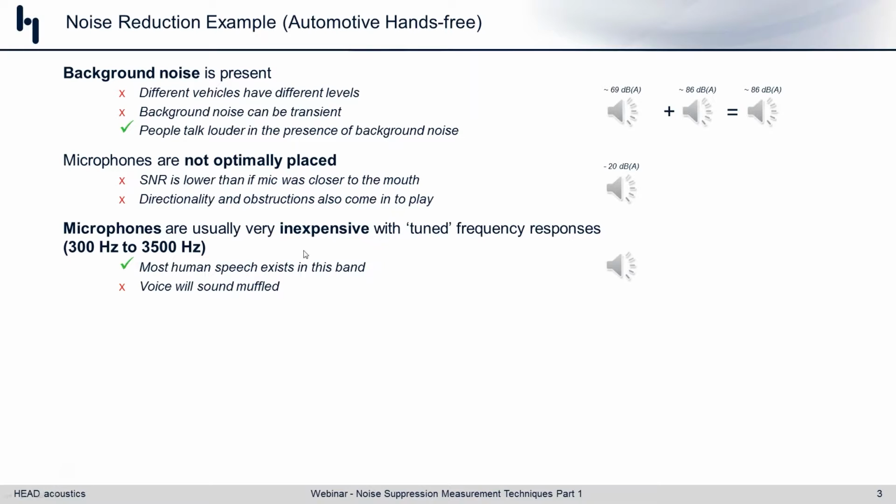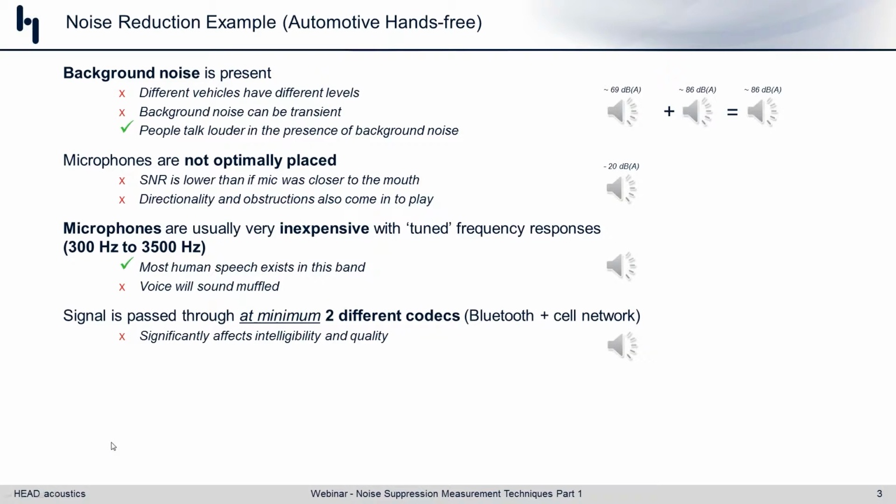Right, so hopefully you're getting the sense of this is not really working in our favor from a voice quality perspective. Now, if you add to the equation that our voice signal has to pass through at least one, and in a hands-free case, potentially two different codecs.